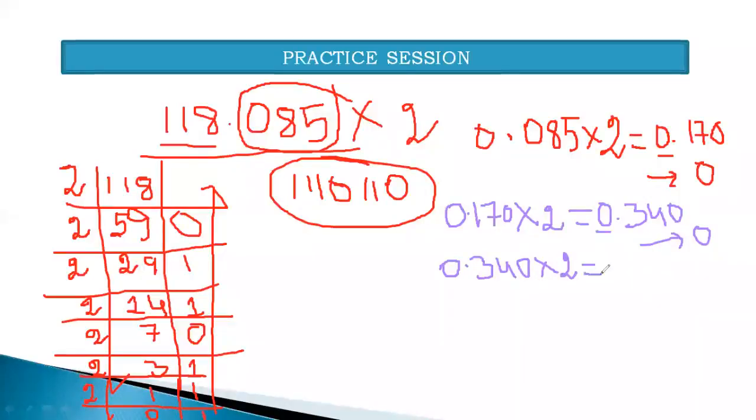You are going to get the answer 0.680. Extract the value written before the decimal part, that is 0.